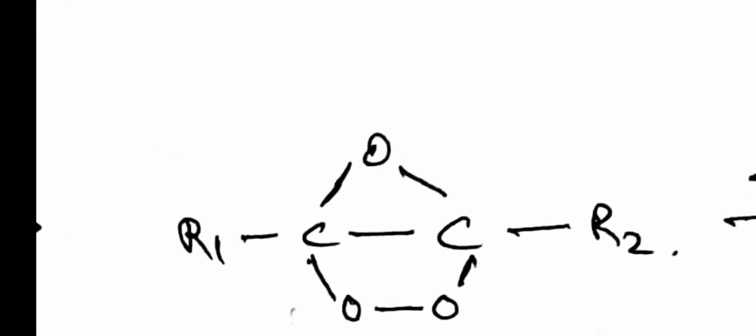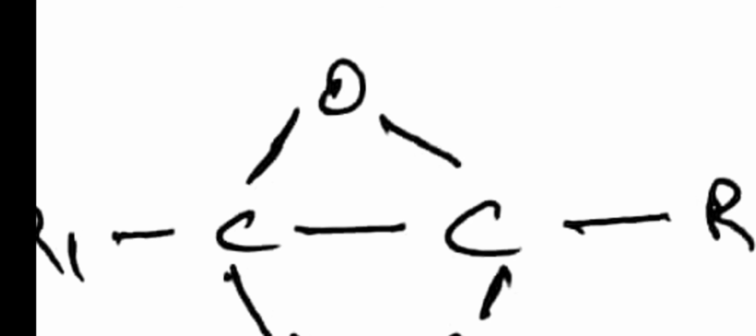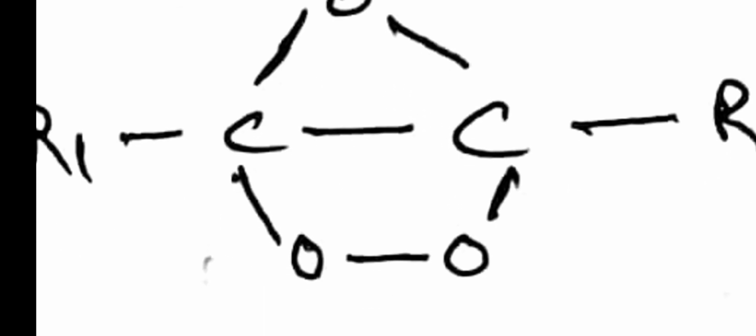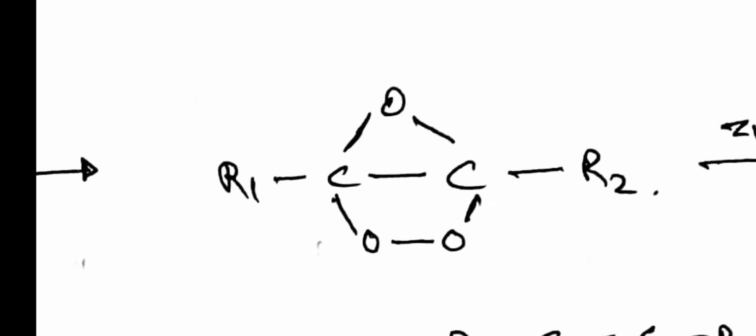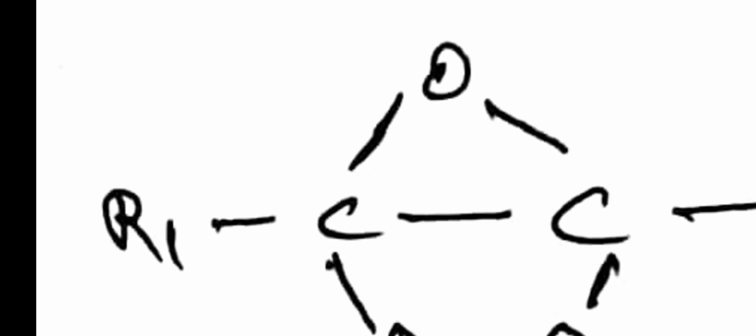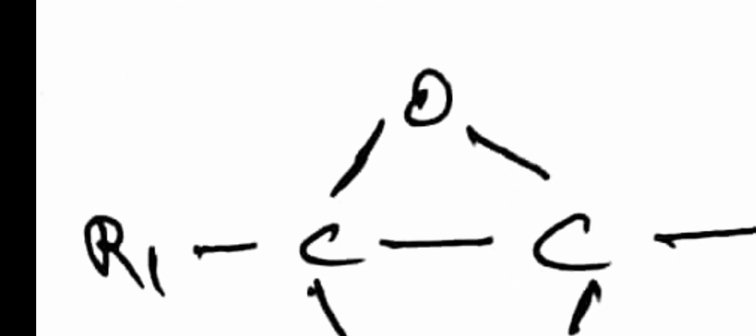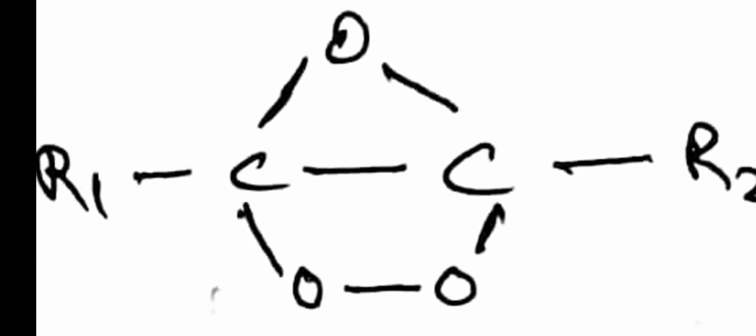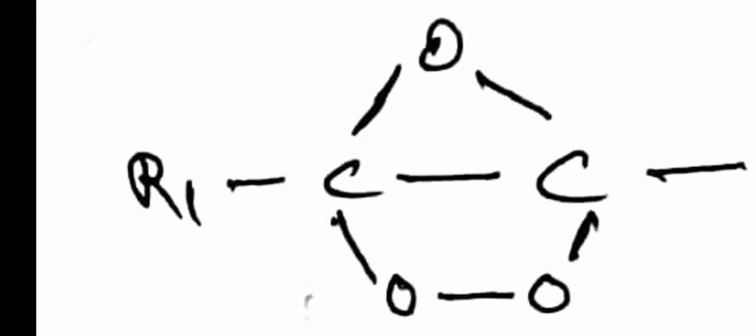But there were 3 bonds between carbon 1 and carbon 2, let me call them. It is interesting to know that 2 bonds are broken and 1 bond is left, so there is a bond connection between the carbon atoms.